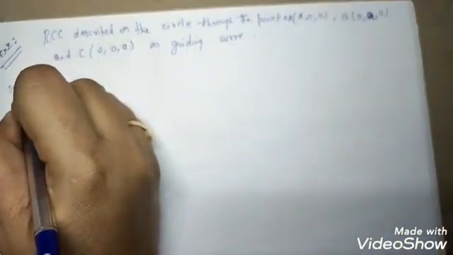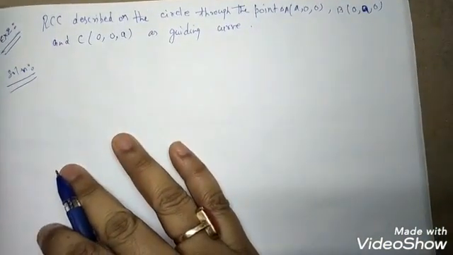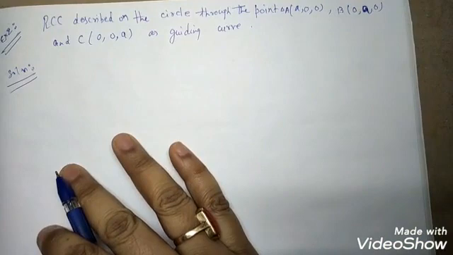So here we have 3 points, and let the 4th point be taken as the origin.